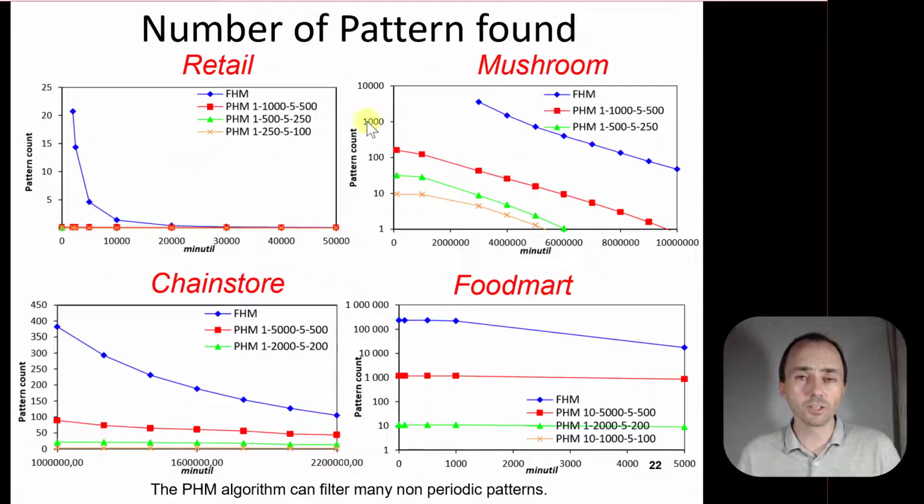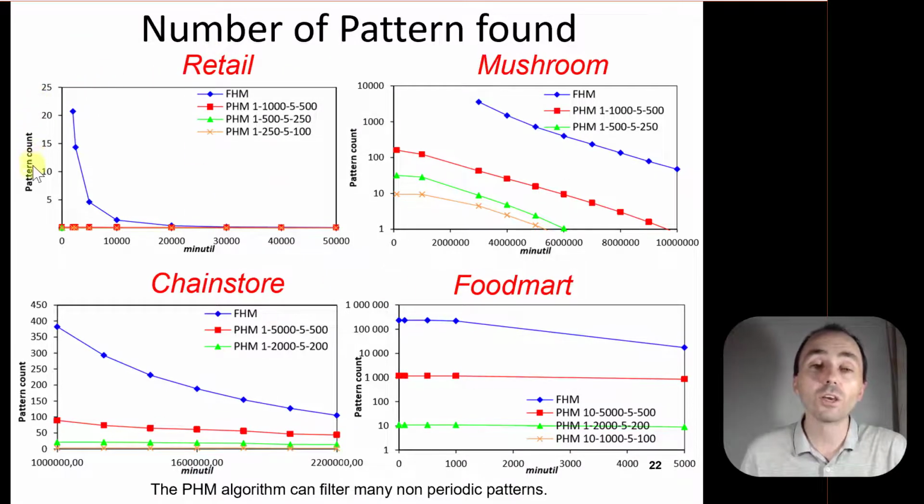So we did some experiments. I show you briefly. Here we have 4 databases, 4 charts, and we look at the number of patterns when we change the minimum utility. And I have FHM or PHM with different parameter values. The blue line is all the high utility item sets. And if you find only the periodic ones, there are only a few patterns.